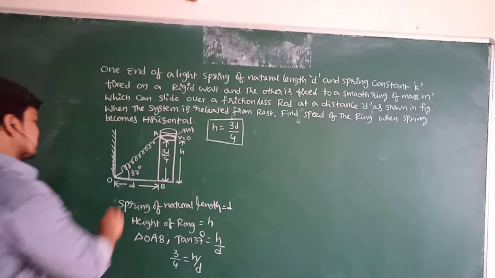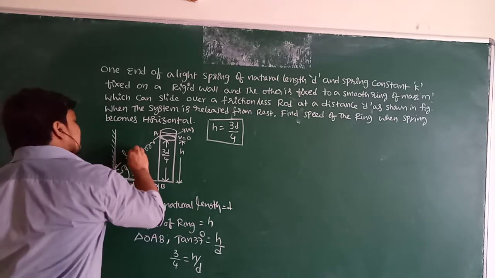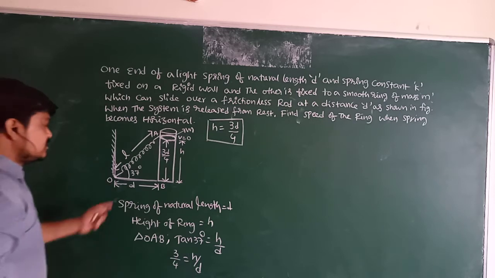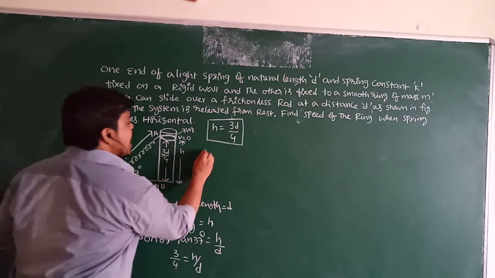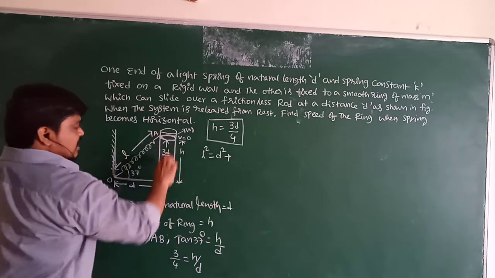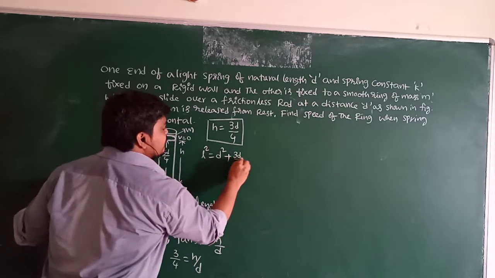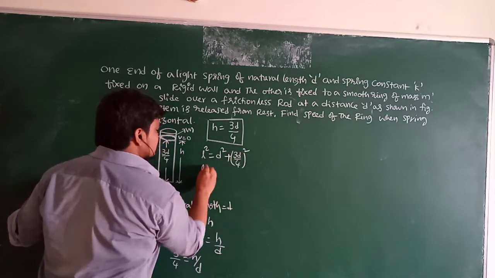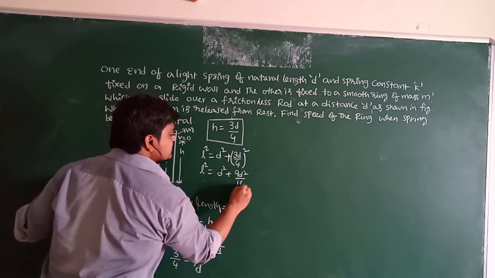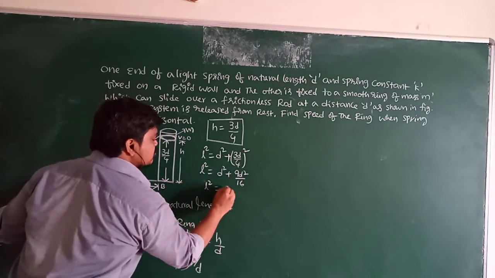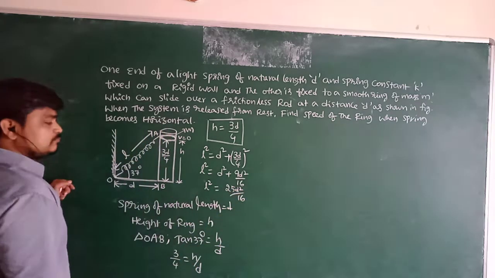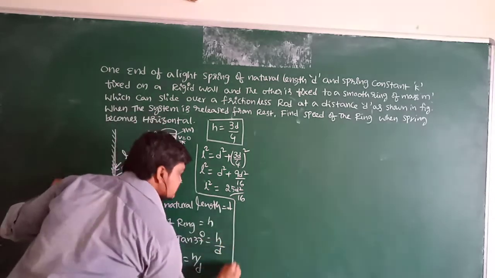Now we have to find the length of the spring. According to the Pythagoras theorem, L squared is equal to d squared plus the other side squared, (3d by 4) whole squared. L squared is equal to d squared plus 9d squared by 16, so L squared is equal to 25d squared by 16.